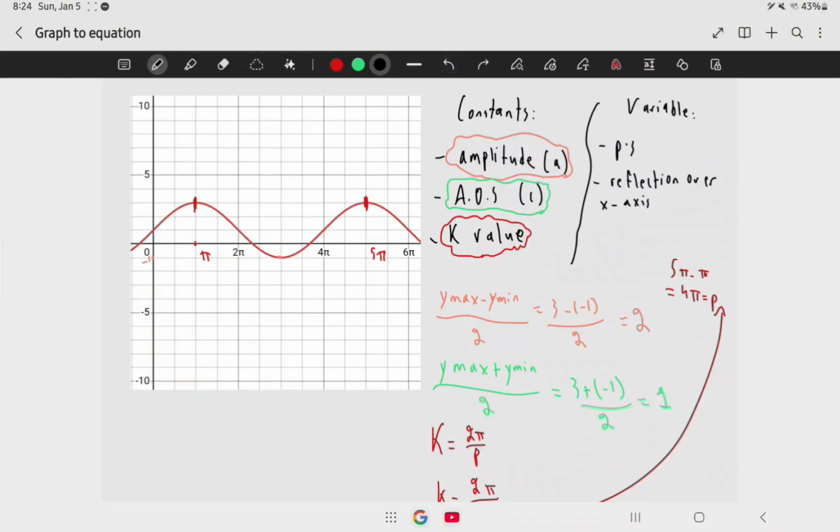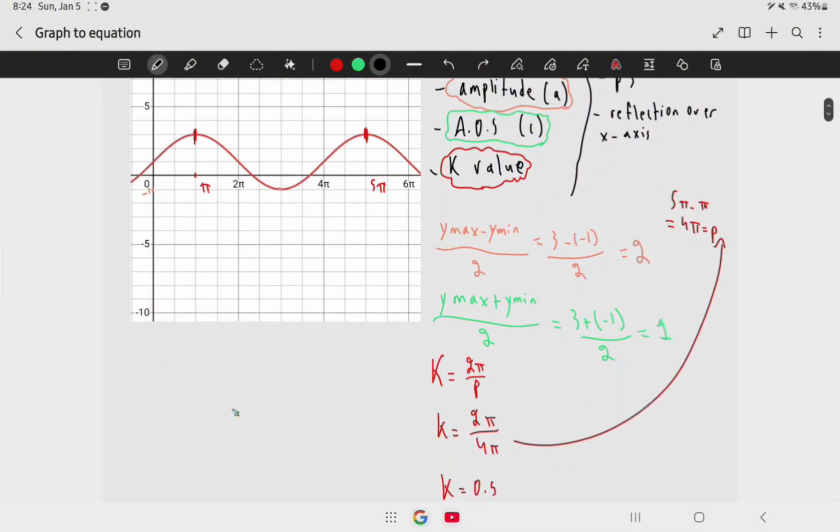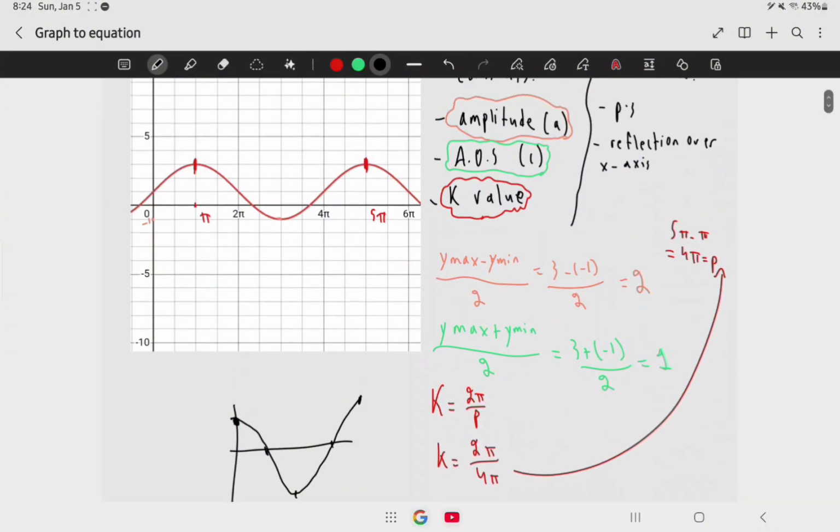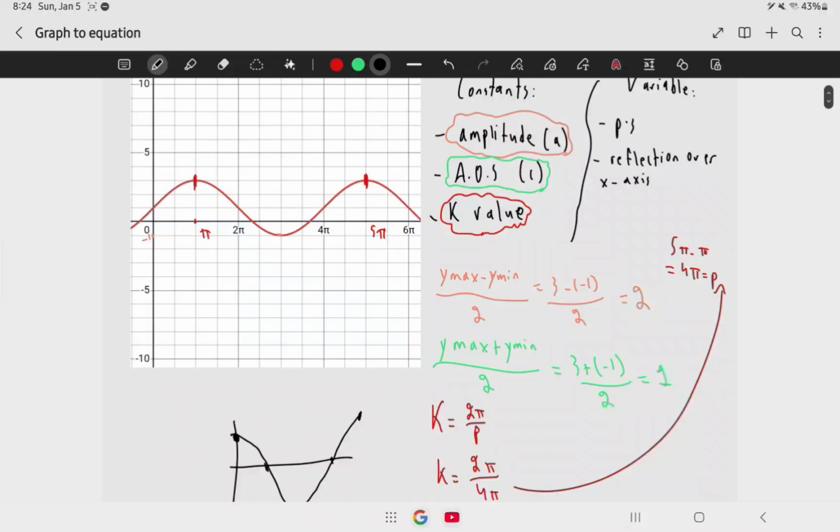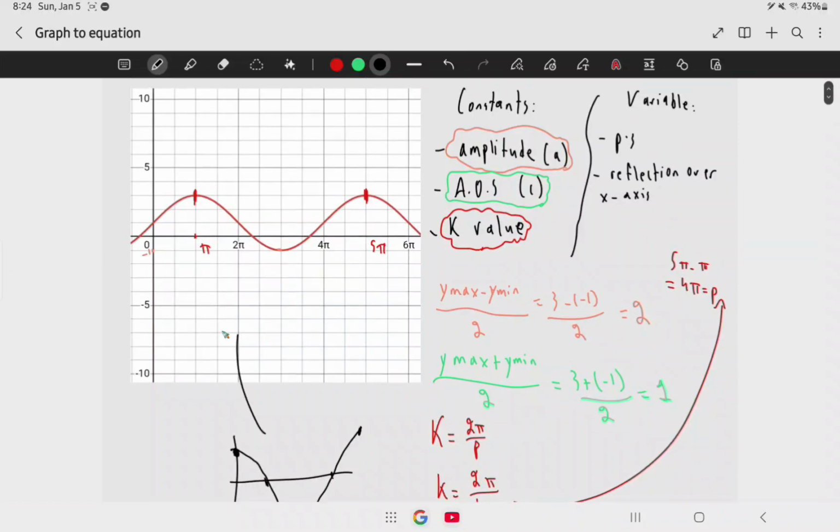And this is because I know that cos always starts at 1 as a base. The y-intercept, it starts at the max. If this is our cos graph, which looks like this, it starts up here, right? And because it starts up there, and if we take a look at our own graph, we can see that the start is over here.